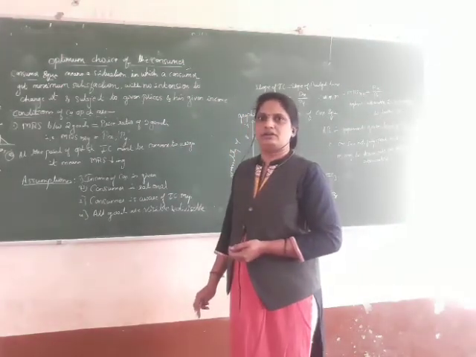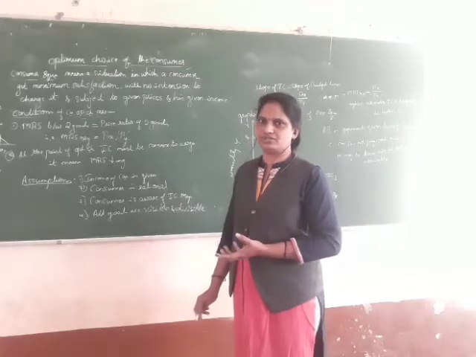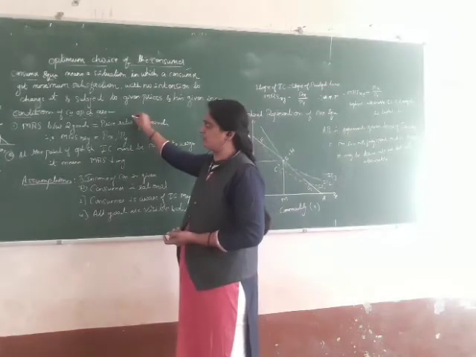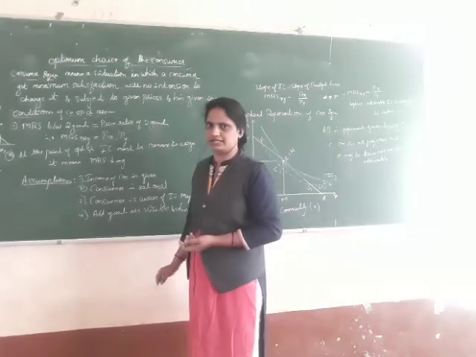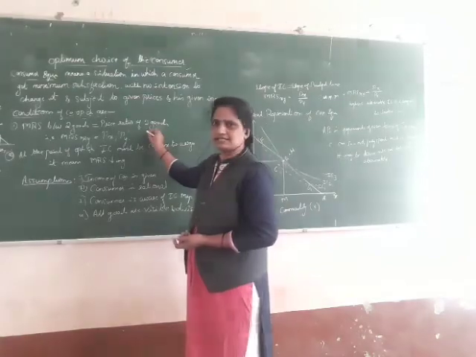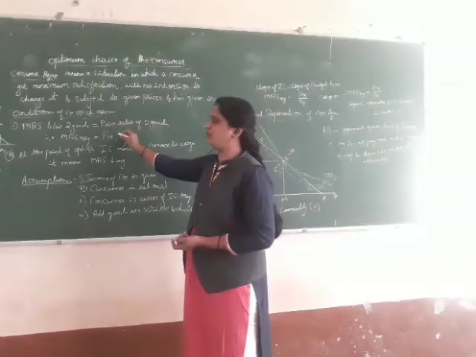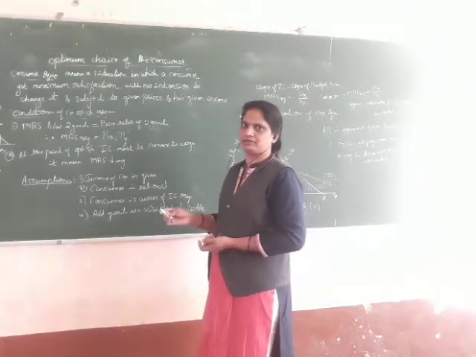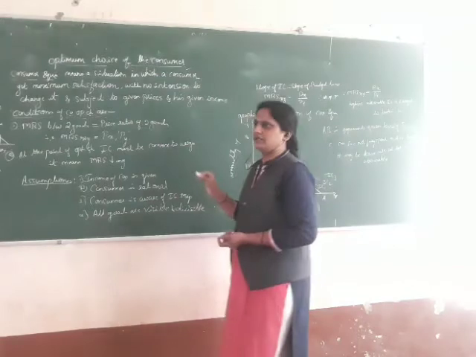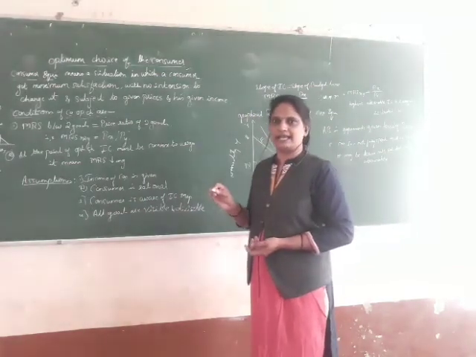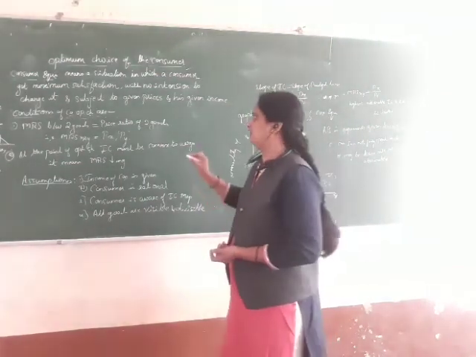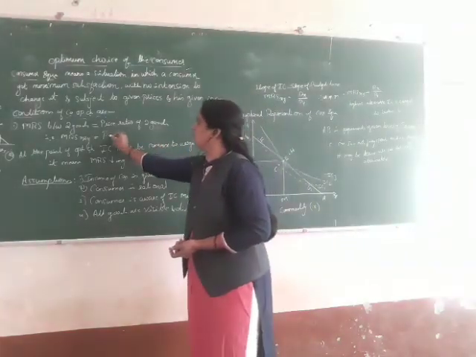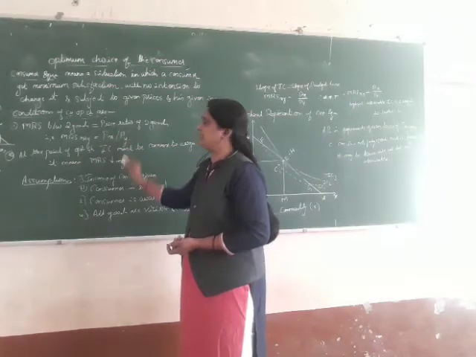Now, to explain this, what are the conditions required for the consumer's equilibrium? The first condition required for the consumer's optimum choice is that the MRS, marginal rate of substitution between the two goods, is equal to the price ratio of the two goods. That means the marginal rate of substitution of X and Y is equal to the price ratio, Px divided by Py.